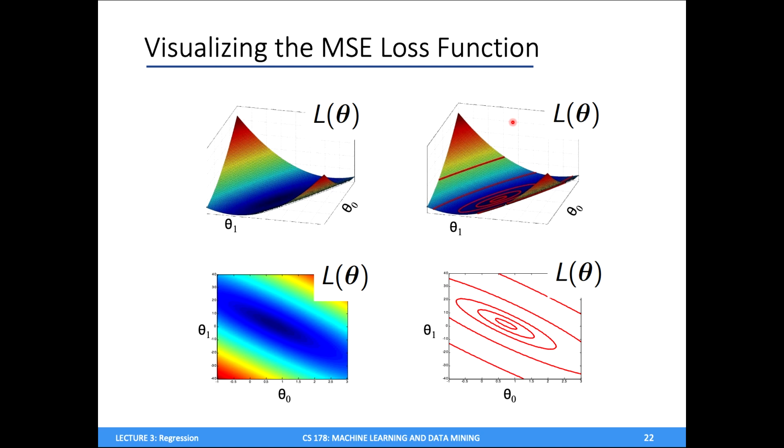Yeah, so the question is, shouldn't the loss function be just a number? And you're right, but it's a number for every particular choice of theta. So if you give me a parameter vector, a value of theta naught and theta 1, I can plug it into the loss function and get a number. What I'm plotting here is I vary the values of theta naught and theta 1 and look at all the outputs of this function.